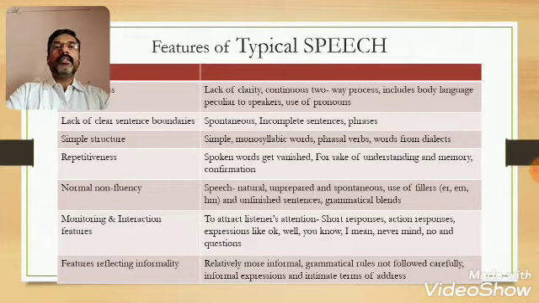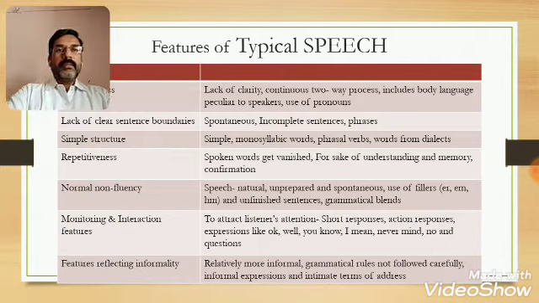To begin with, the first feature of typical speech is inexplicitness. Inexplicitness results from the lack of clarity, because speech is a continuous two-way process where the speaker speaks and the listener receives from his end.